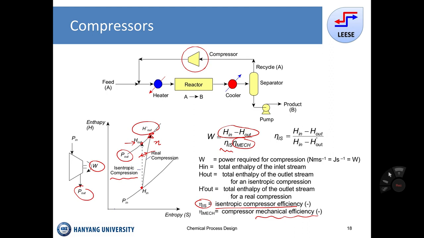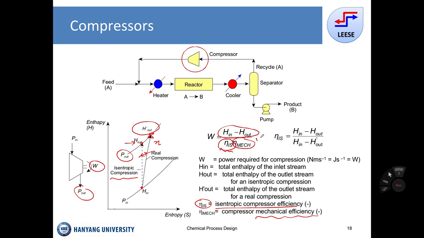From a thermodynamic point of view, real compression is not the same as isentropic compression. Some degree of non-ideality is reflected with the isentropic efficiency. This is a purely thermodynamic deviation from the ideal situation.